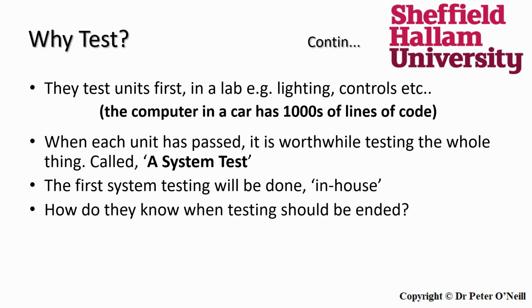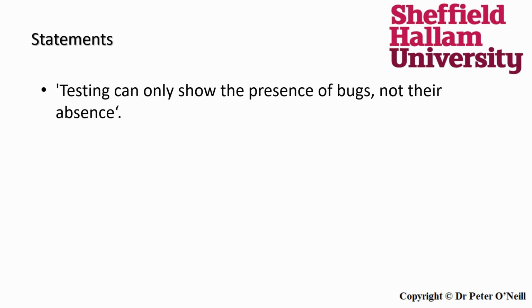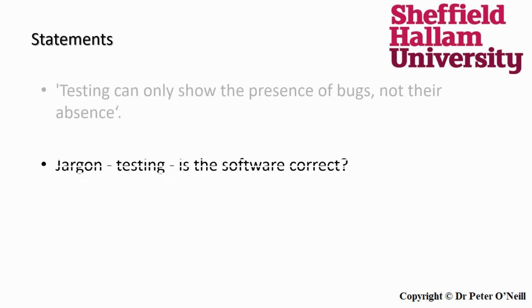How do they know when testing should be ended? When the faults are few and far between. They might say, we could go on forever trying to find the last bug, but nothing is perfect. Testing can only show the presence of bugs, not their absence. Jargon.